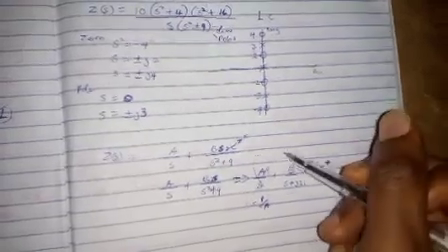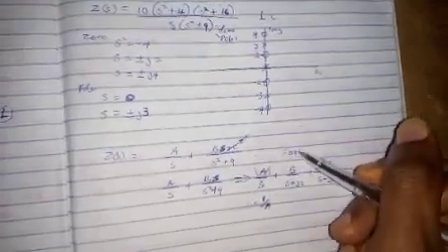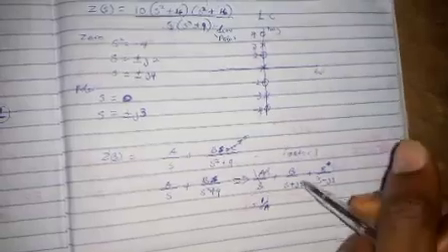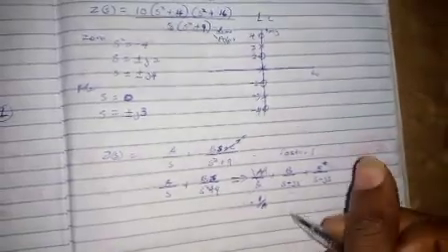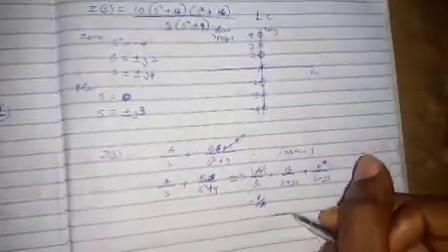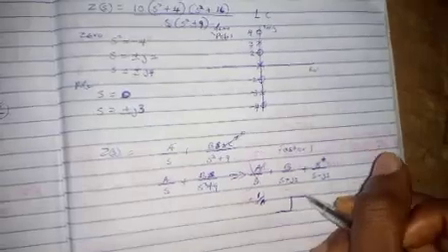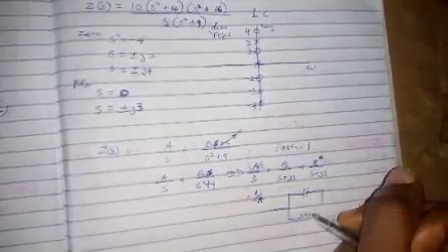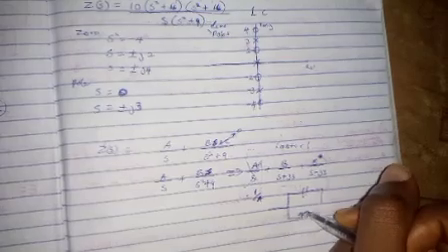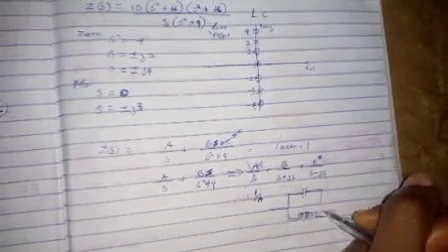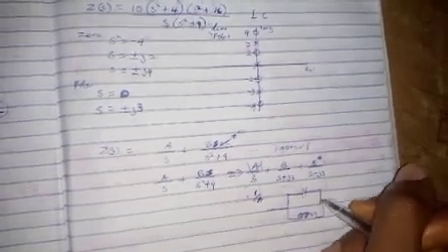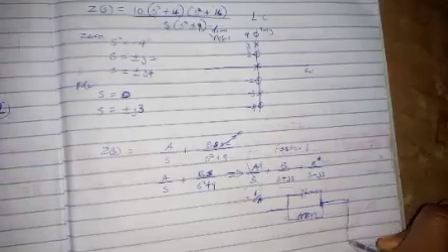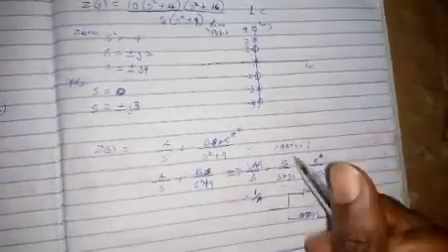Assuming this was Foster 1, this would be a parallel combination of a capacitor and an inductor, only this alone.